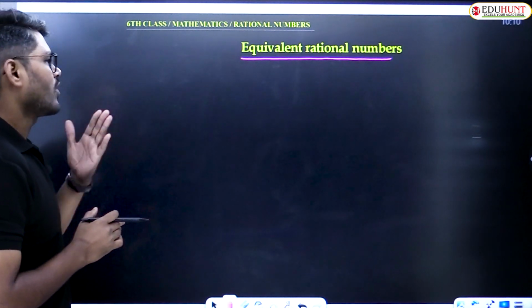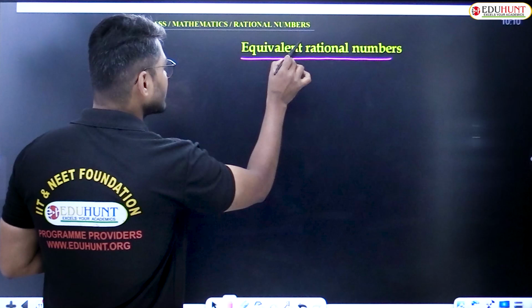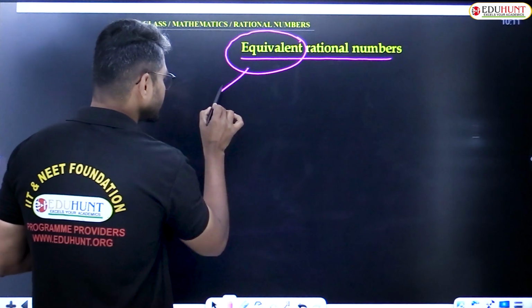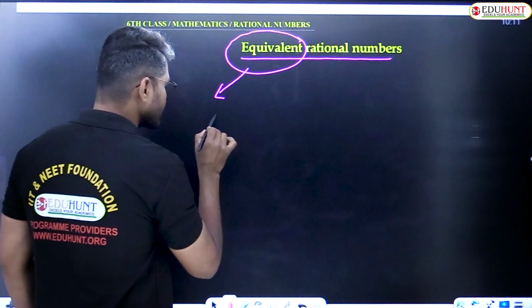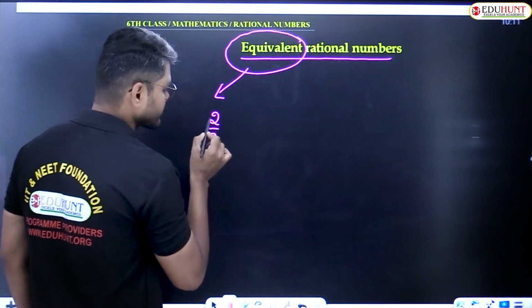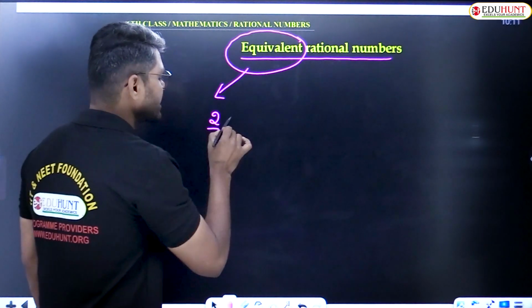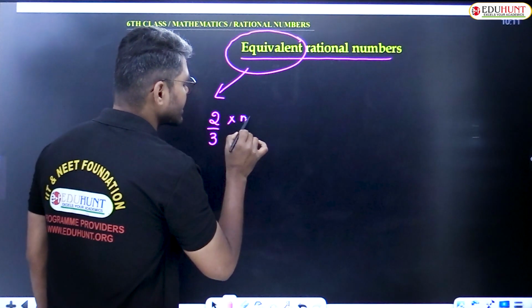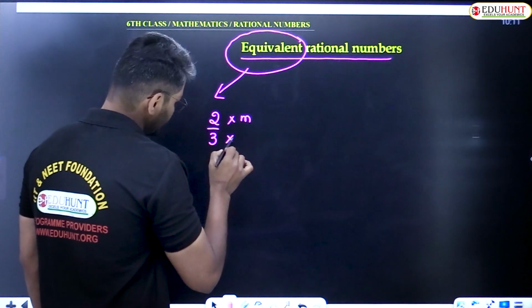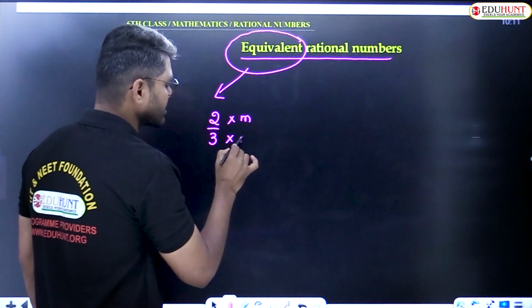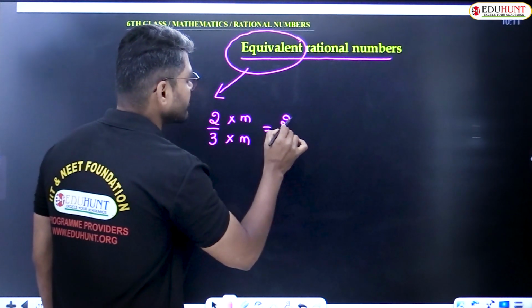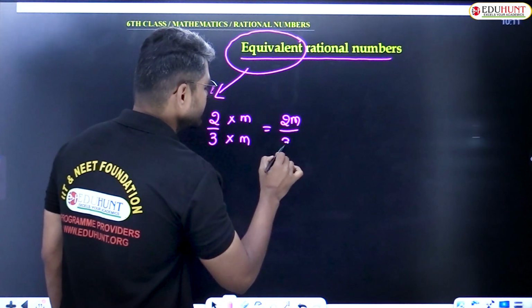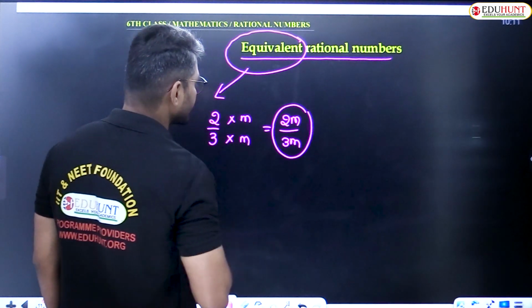What are equivalent rational numbers? If I take a rational number 2 by 3, I should multiply both the numerator and denominator by any number, let it be m, and I will get 2m by 3m in this manner.